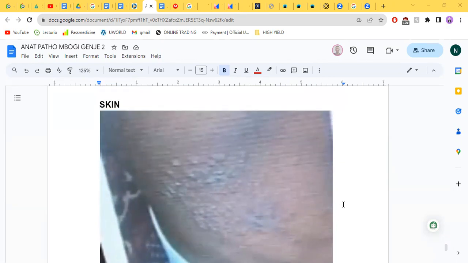Describe the pathology scene. Can someone put in the chat the description of this pathology? Yes, vesicles along a dermatomal distribution. What would be the diagnosis?